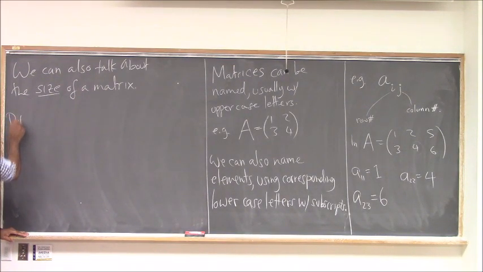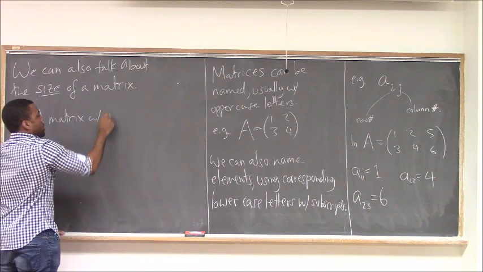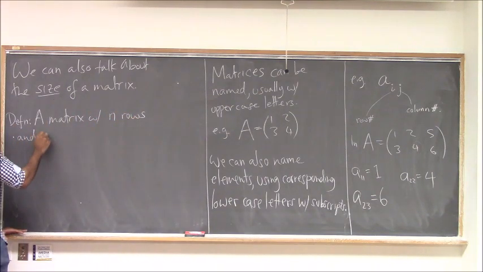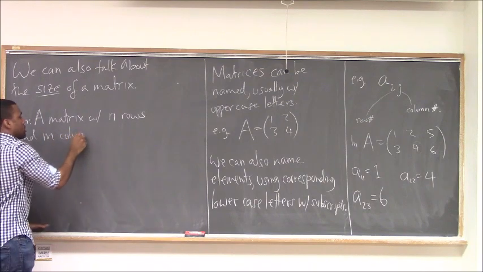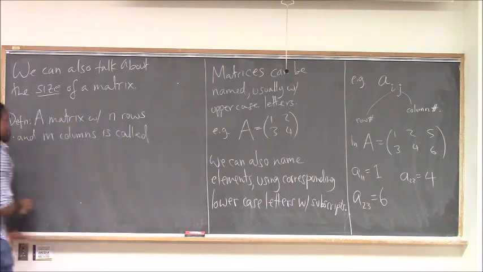So the definition is: a matrix with n rows and m columns is called, does anyone know what we call it?